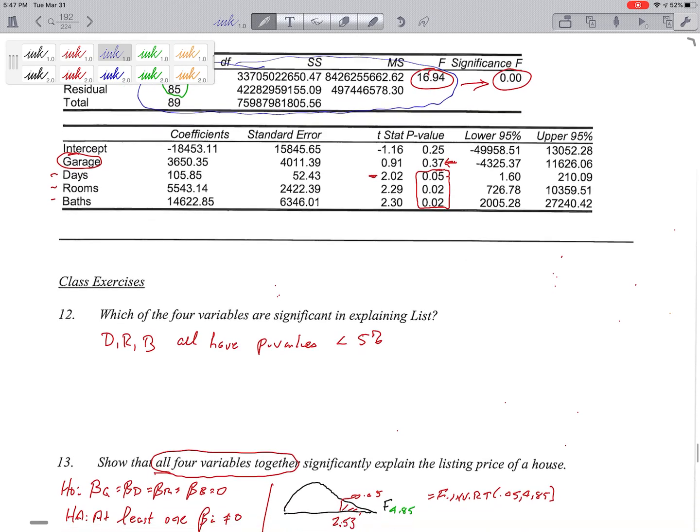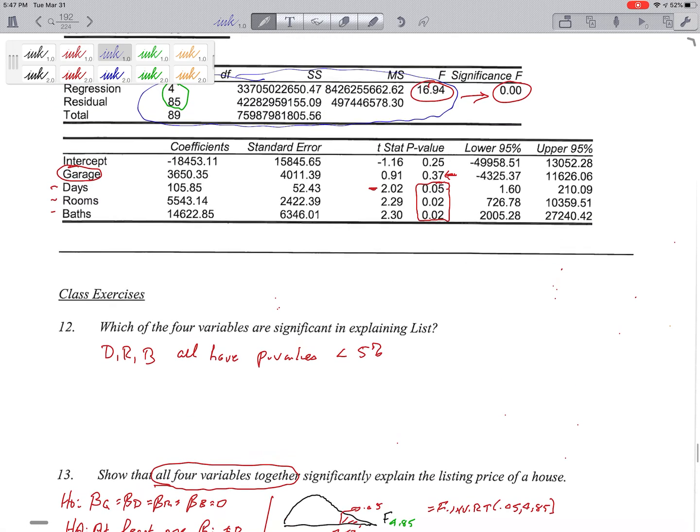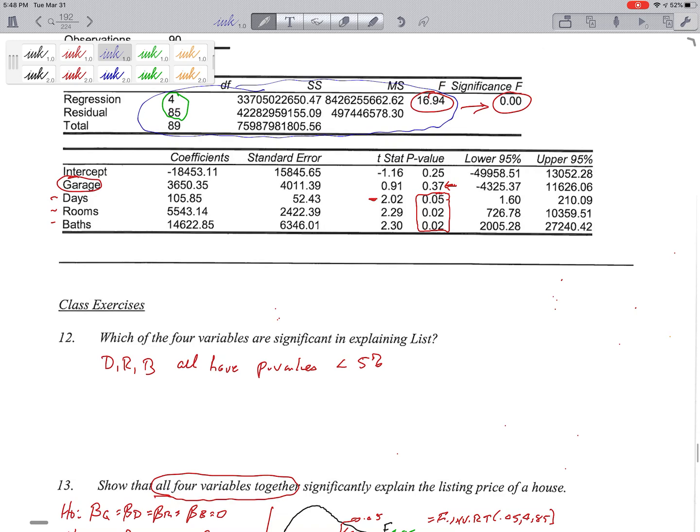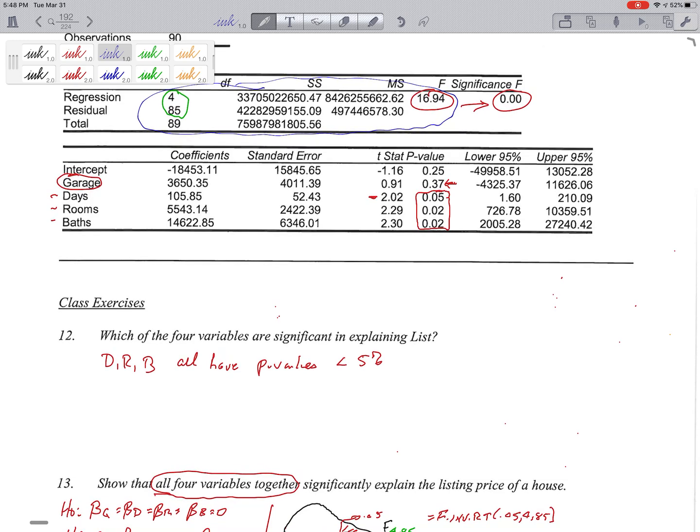So 3.371 times 10 to the 10th power over 4 divided by, and then we've got 1, 2, 3, 4, 5, 6, 7, 10.